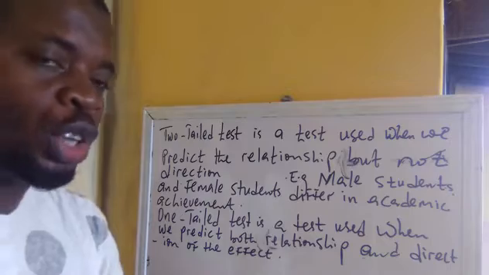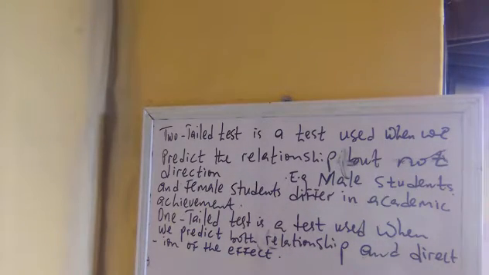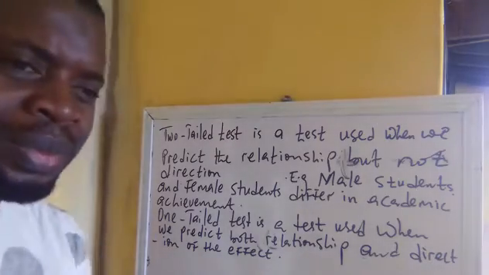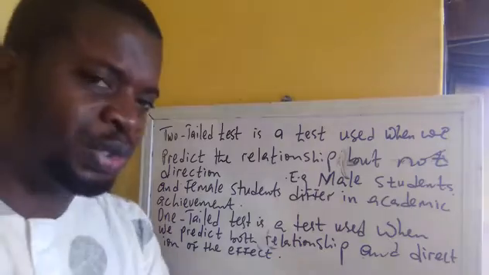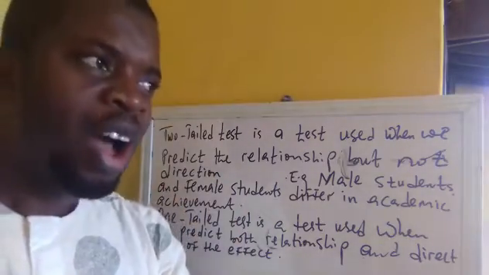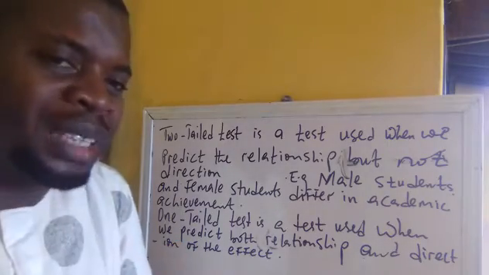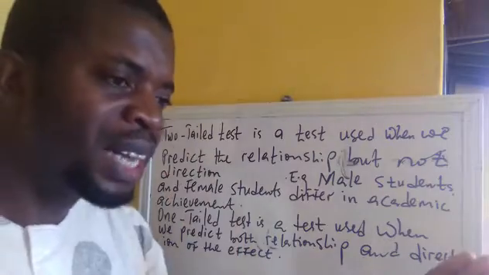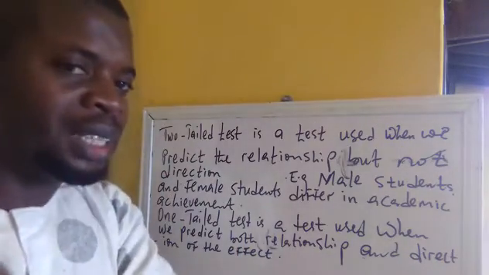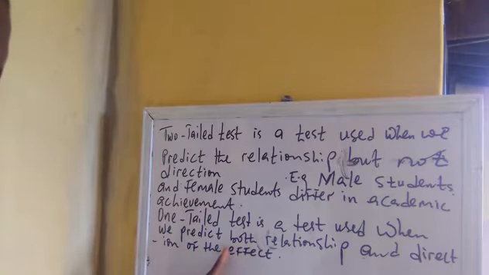And it also shows us the direction of that difference, whether one is better or one is not better, whether one is lower or one is not lower. So it's as simple as that. When you have a statement whereby you show the difference and you also show how they differ, that becomes what? That becomes a one-tailed test. It shows both relationship and direction.